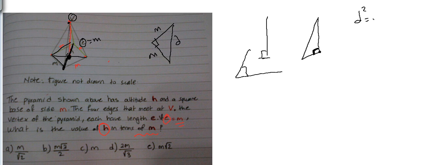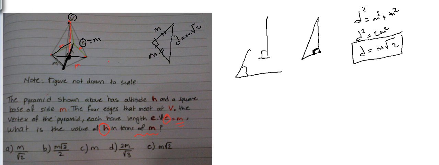Diagonal squared equals M squared plus M squared, right? By Pythagorean, we can find it directly, which is M radical 2. It's a rule: side times radical 2 in the case of a right isosceles triangle, or by Pythagorean. So D squared is equal to 2M squared. This means D is M radical 2, by taking the radical of both sides.